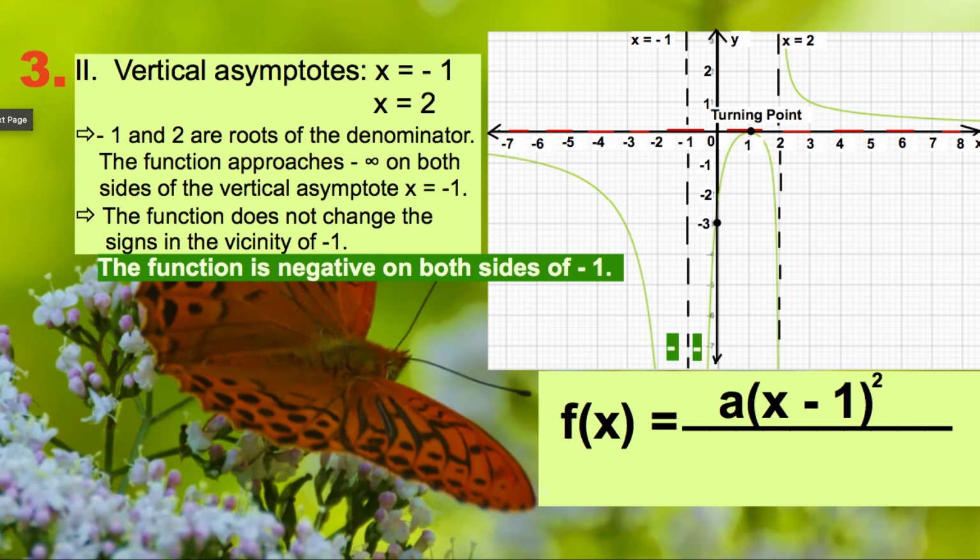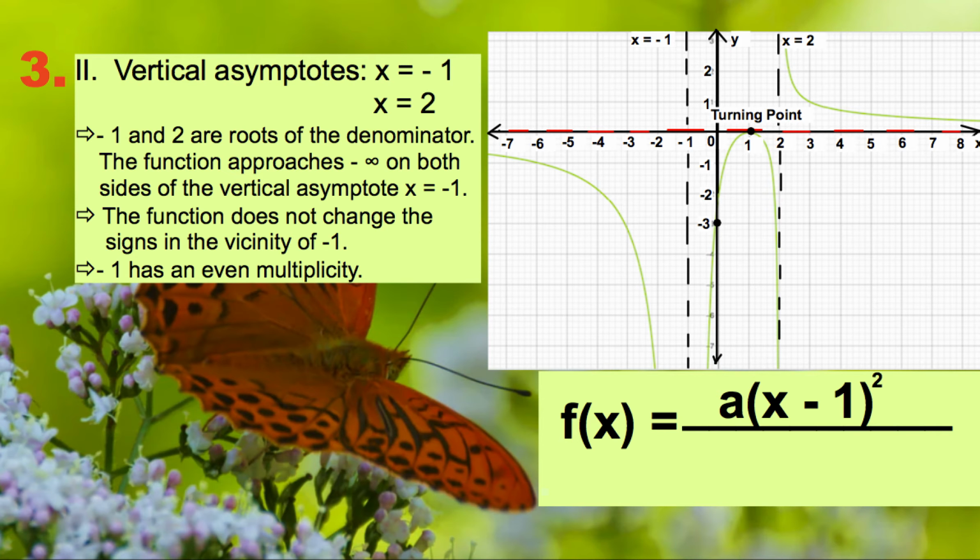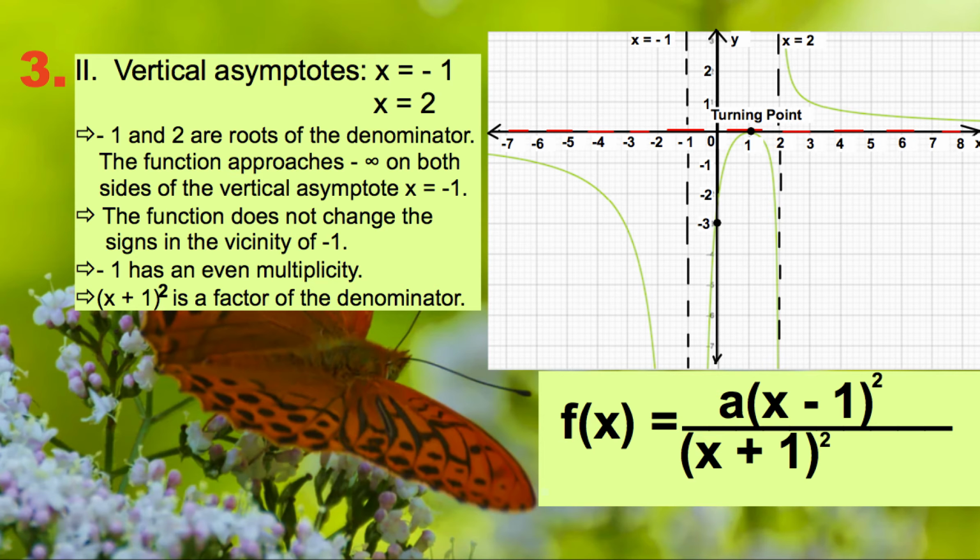Thus, the function does not change the signs in the vicinity of -1, and the function is negative on both sides of -1, which leads to the conclusion that -1 has an even multiplicity. Thus, the quantity x plus 1 everything squared is a factor of the denominator.